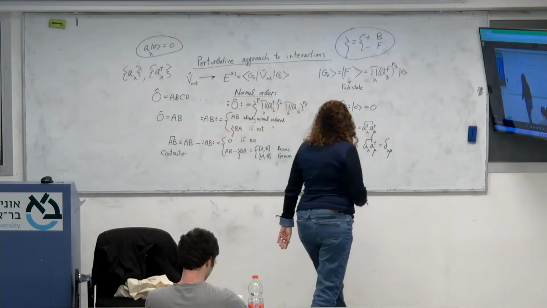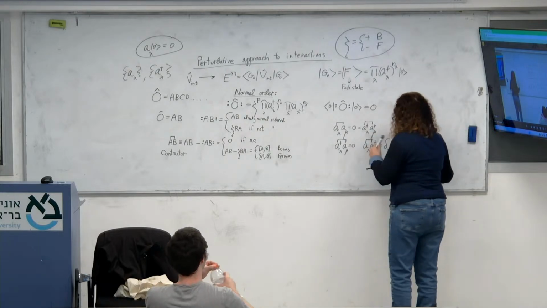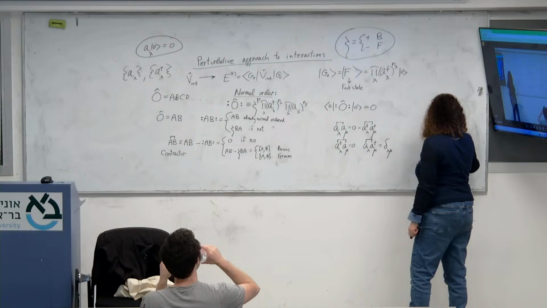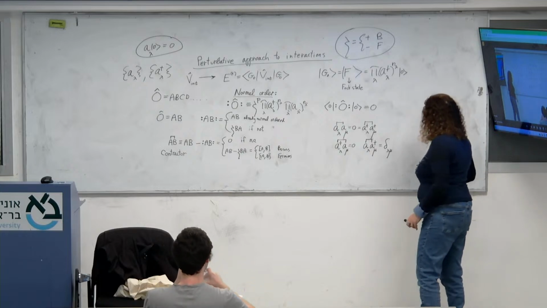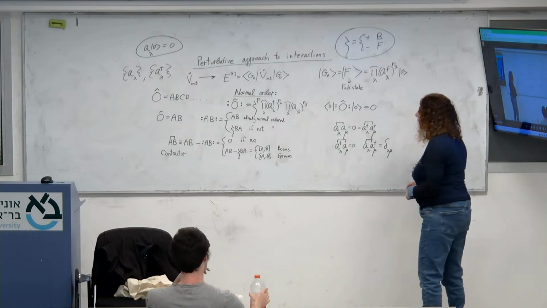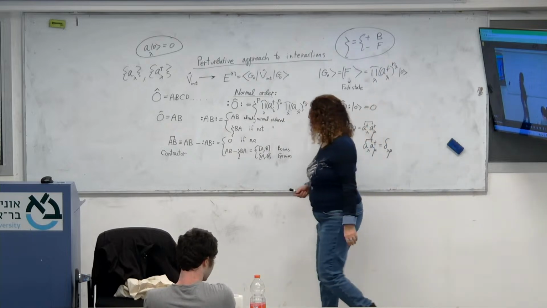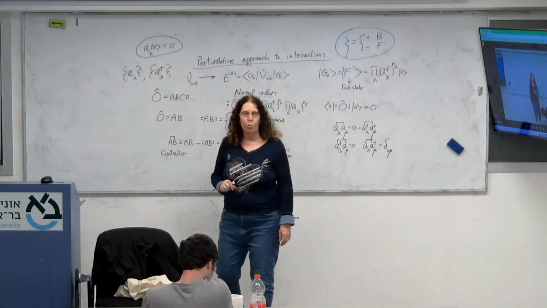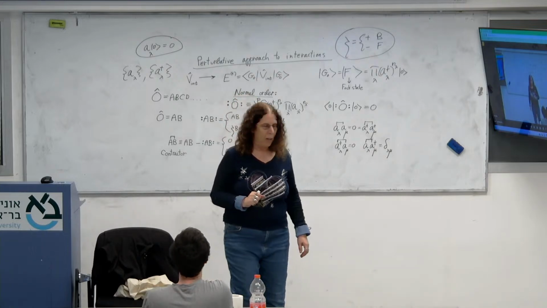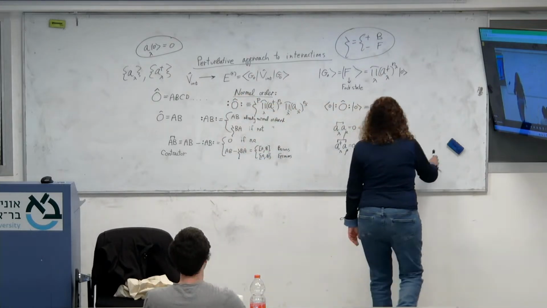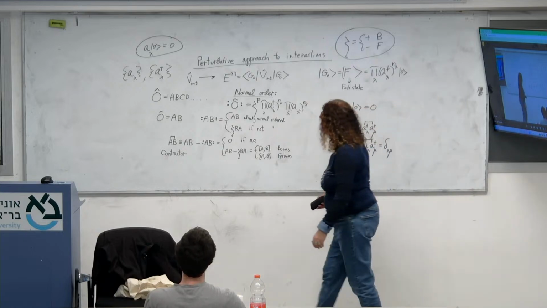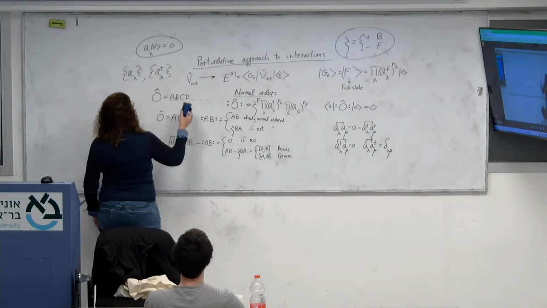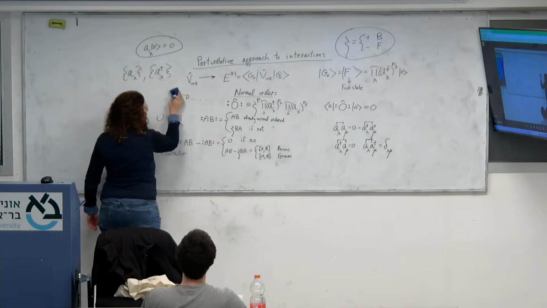Now, why is it useful? Because now, if I have some operator of this type, and I want to know its vacuum expectation value, let's see what it is.